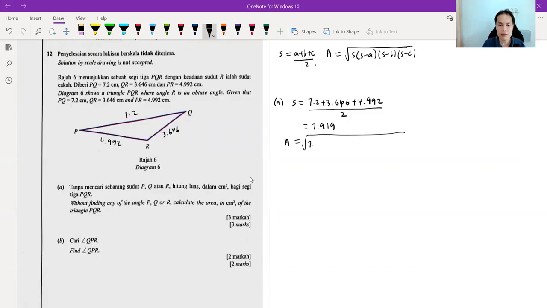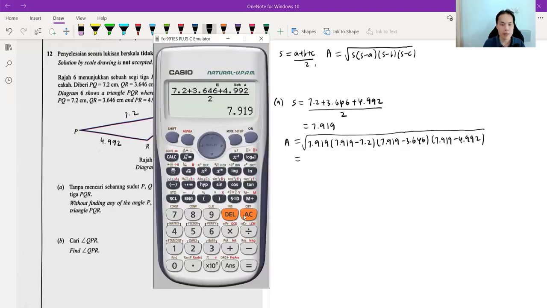So my first part is 7.919. Take 7.919 minus 7.2, 7.919 minus 3.646, 7.919 minus 4.992. All right, put a big square root over here. Now let's count. For me, I like to use the answer button. That will be a lot easier. I already have this answer, 7.919. This is my semi-perimeter.